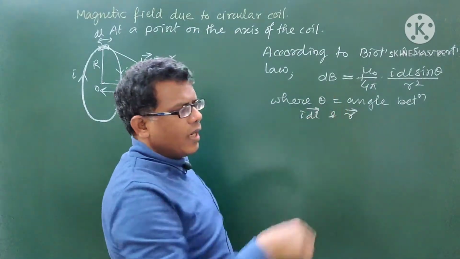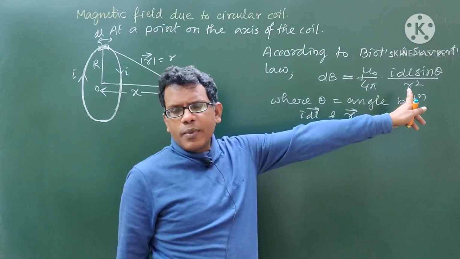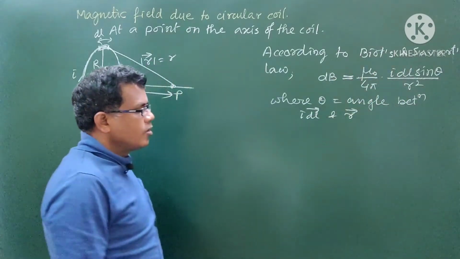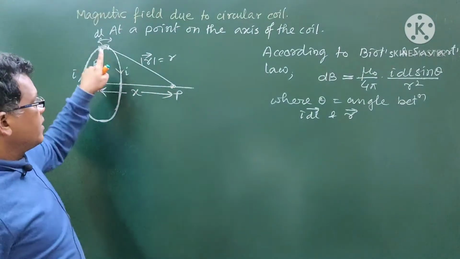And small r is the distance of the point from the current element, which is this one. This is the current element.